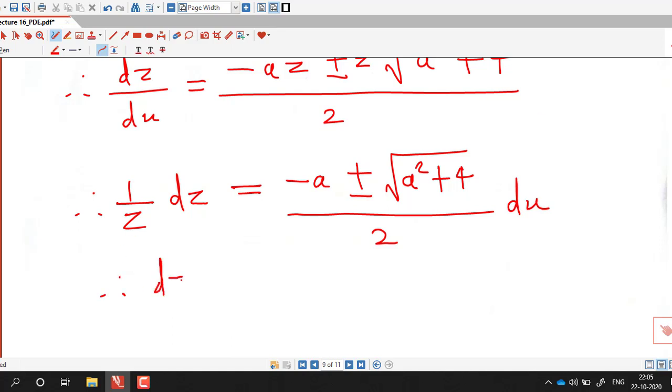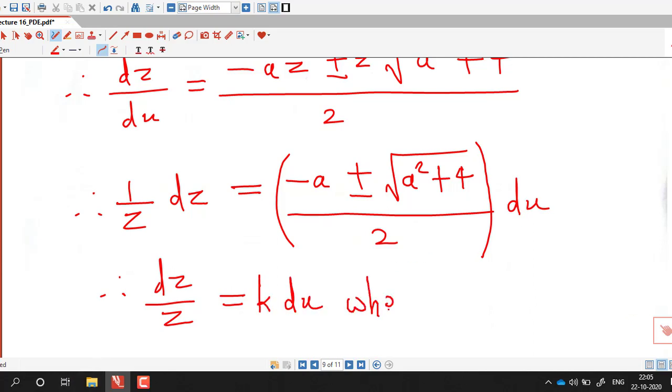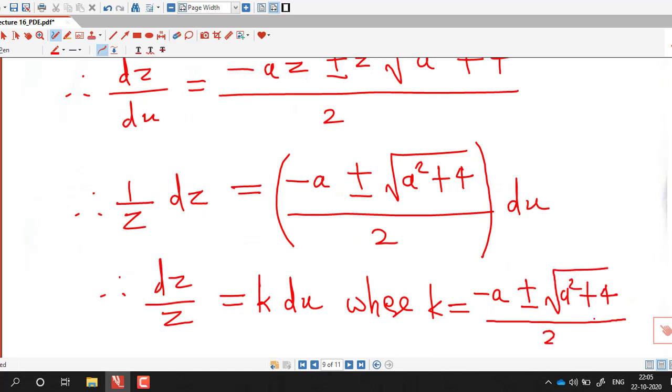So this is dz by z equal to, suppose I denote this constant by another constant, say k, then I will have k times du, where for convenience we denote k by minus a plus or minus under root a square plus 4, divided by 2.